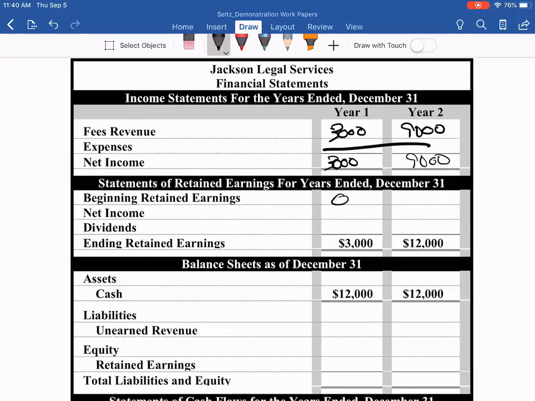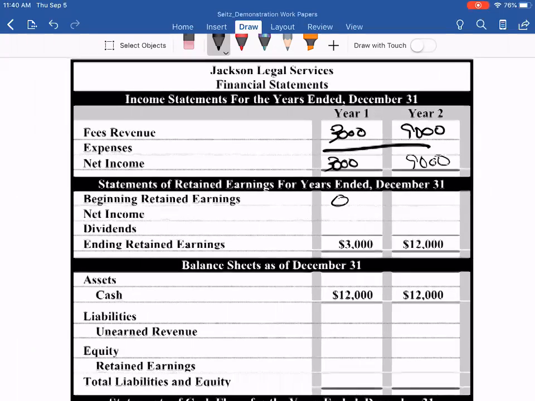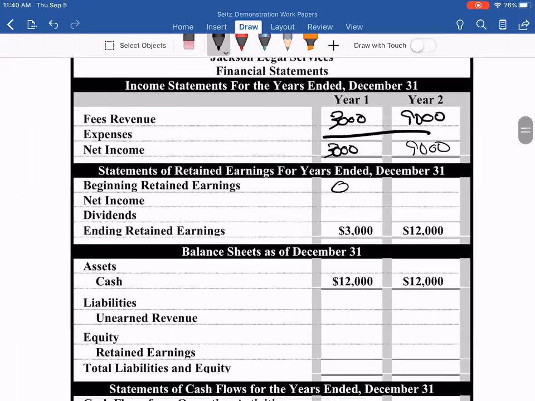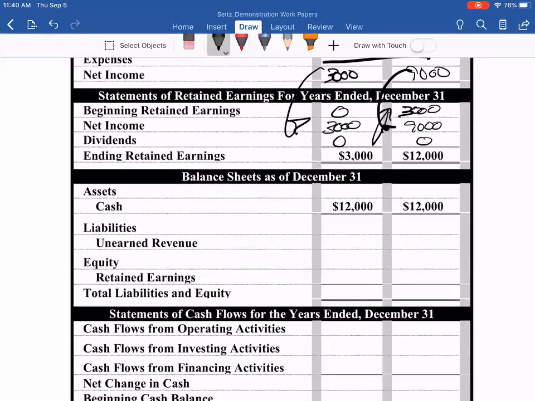My beginning retained earnings was 0 for year 1. I had net income of $3,000, 0 dividends, and ending retained earnings of $3,000. That pops up there. Beginning balance of $3,000 plus net income of $9,000, 0 dividends, and that's how my ending retained earnings gets to be $12,000.